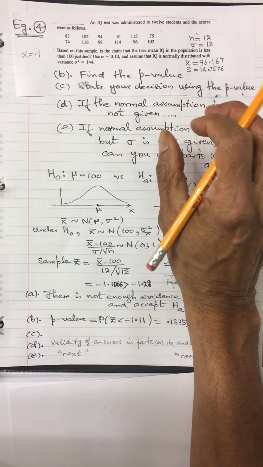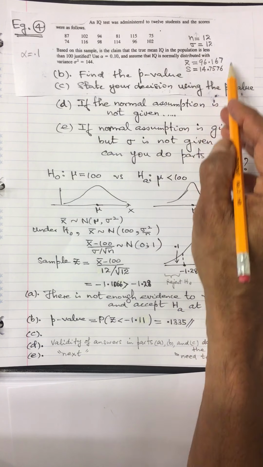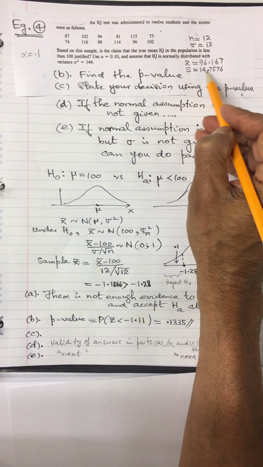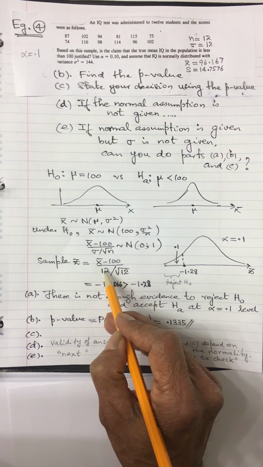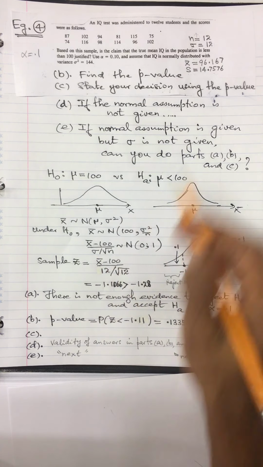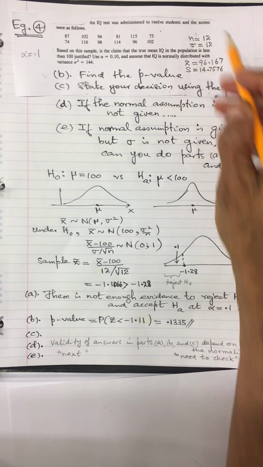If you clear your calculator memory and punch those values, these are the two values you get. But since sigma is given, you do not use this value for sigma. Because you already know that value, this is just an estimate for the sigma.